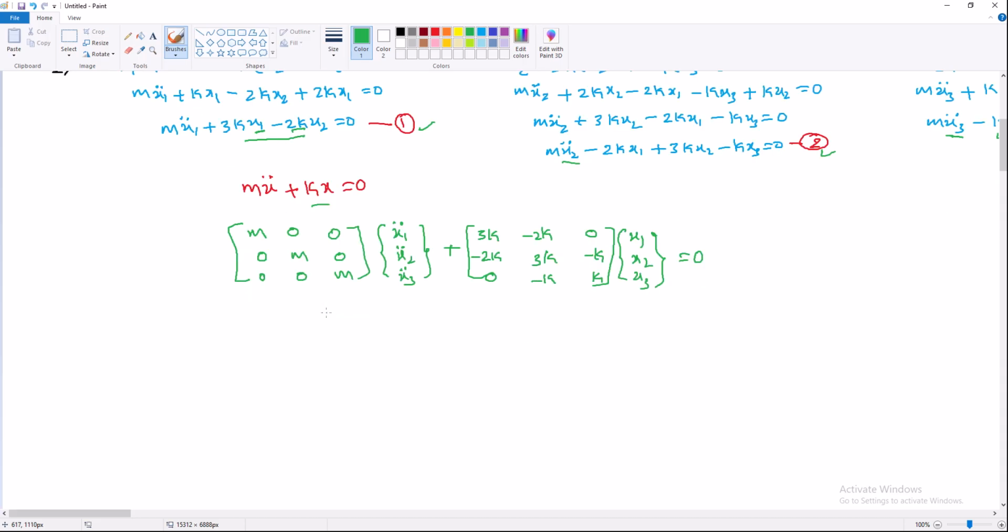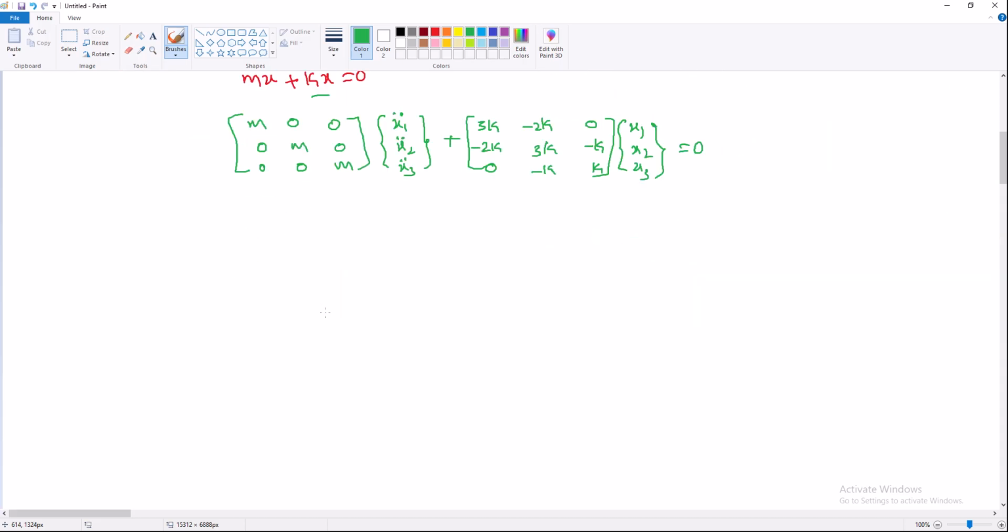Similarly, I would like to take another problem, problem number 2. Again I will take a system to obtain the equation of motion for the multi-degree of freedom system. In this I will slightly change the end conditions.